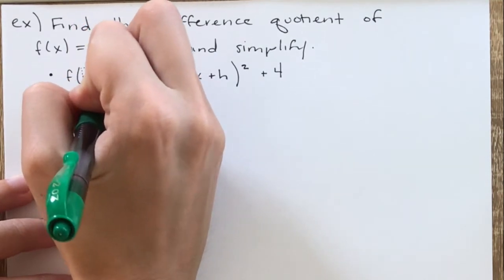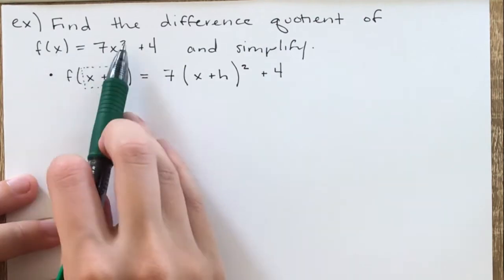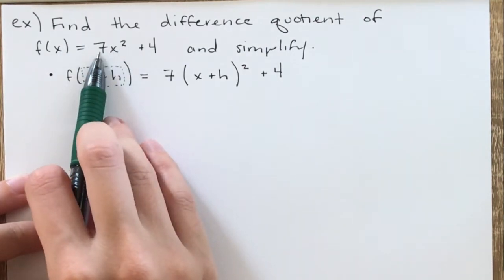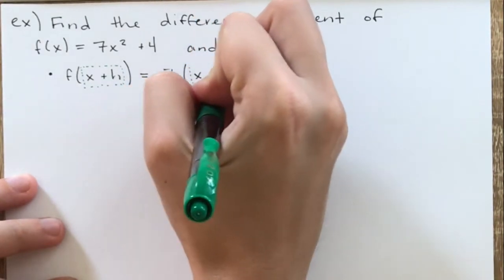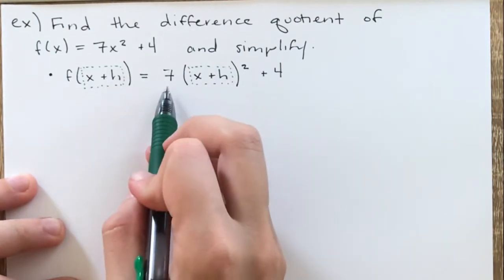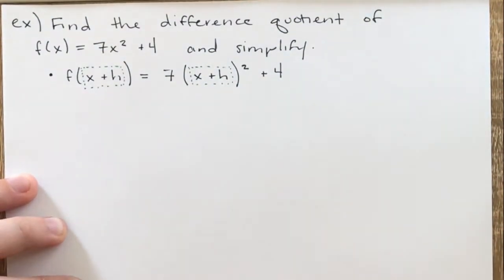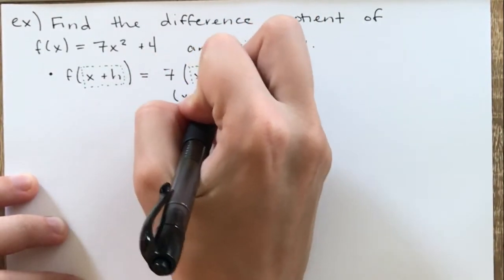Again, what we've done is we've got x plus h. That's what we want to input into our function. Our function tells us that whatever we input, we have to square it, multiply by 7, and add 4. So we are taking exactly that, x plus h, squaring it, multiplying by 7, and adding 4. All right, when I square x plus h, what do I have to do? It's a binomial, so I have to FOIL.